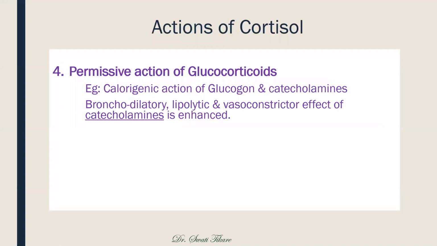But cortisol's presence is required for this action. Then the other important permissive actions of glucocorticoids are that the bronchodilatory effect, lipolytic, and vasoconstrictor effect of catecholamines is enhanced in the presence of glucocorticoids. Okay, so these are the permissive actions.